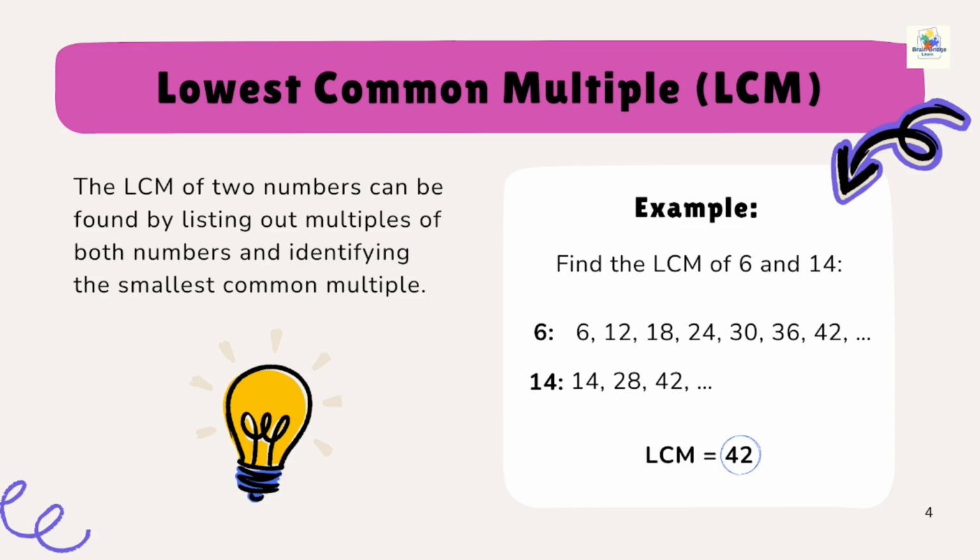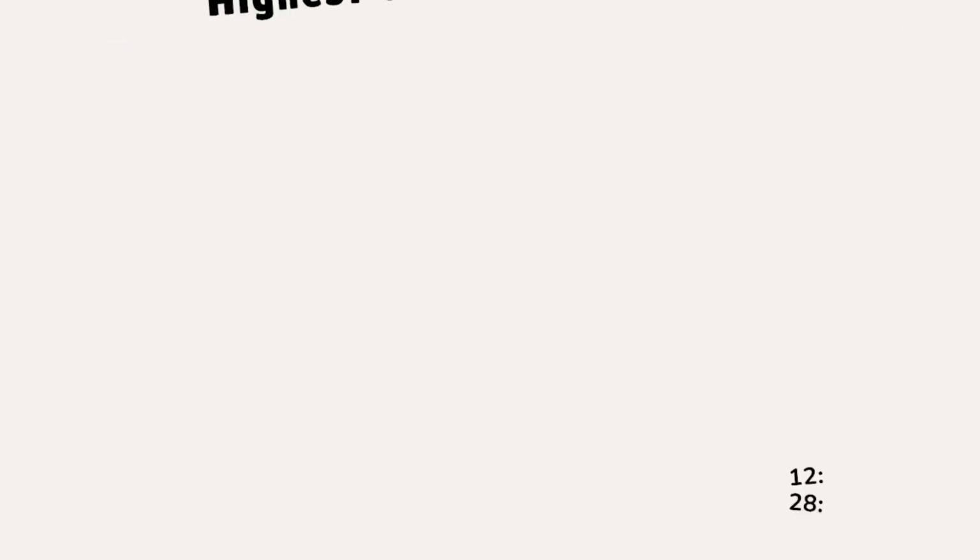Same with 14 and 28, they are not there in the table of 6. But the number 42 comes in the tables of both and is the smallest found in both. So it will be the LCM, the lowest common multiple. That is why it is the lowest common multiple.